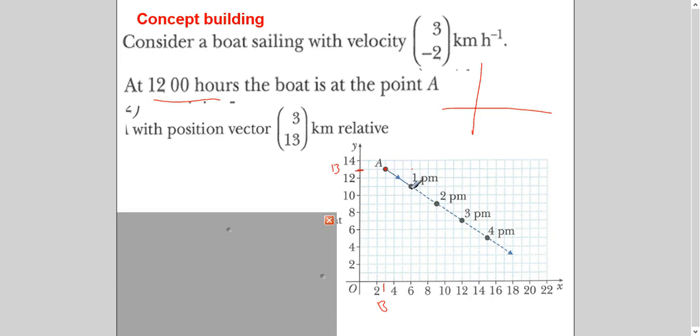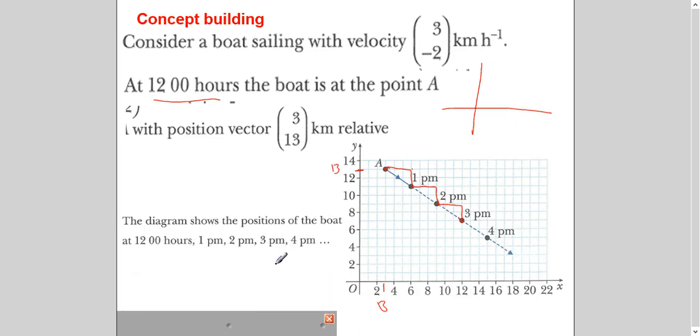So the object is moving like this in 1 hour, kilometer per hour. Next hour again, 3 minus 2. Next hour again, 3 minus 2. So it is going in this direction with the constant velocity, right? This is how it is explained in every hour where the object is reaching. If it was here at 12 o'clock, at 1 o'clock it will be here. You can easily find out its position, 6, 11.